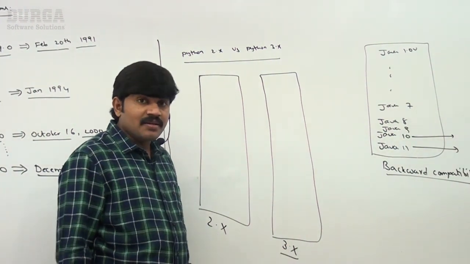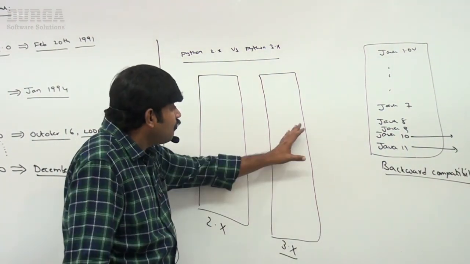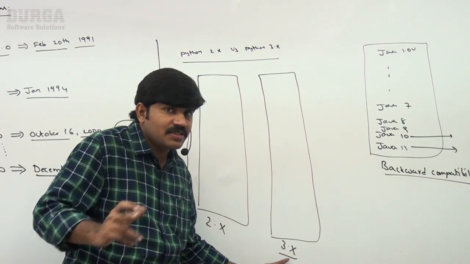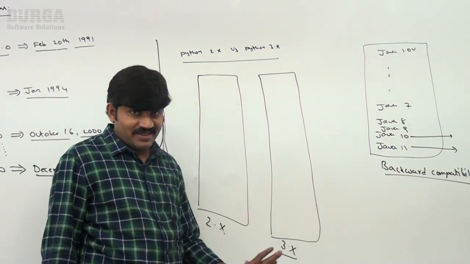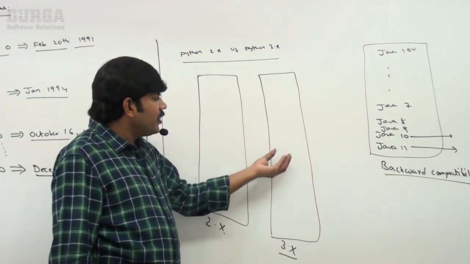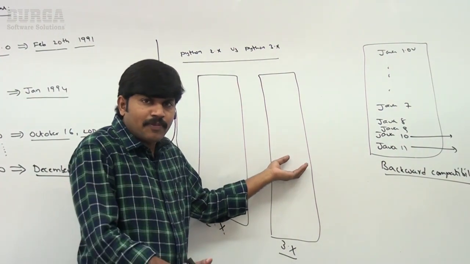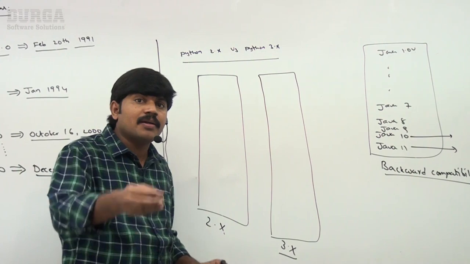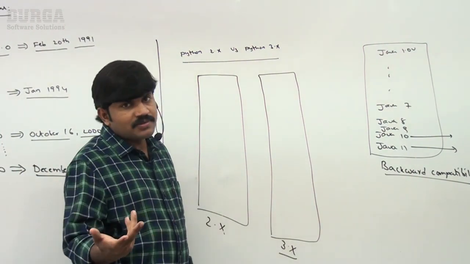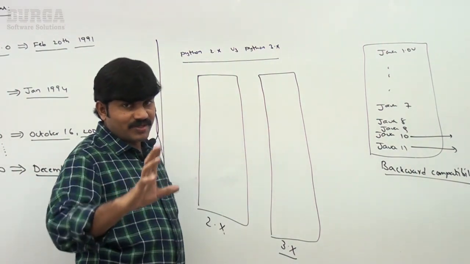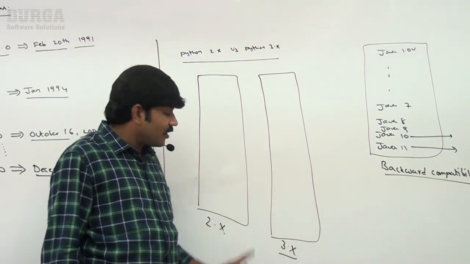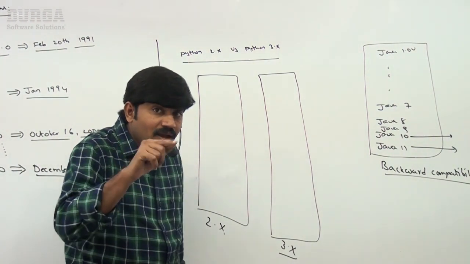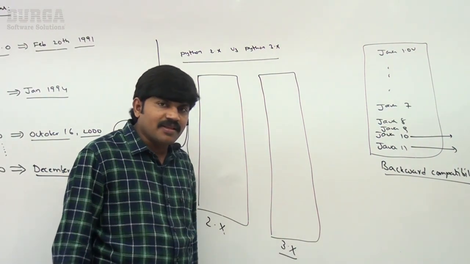This language is not an extension to the Python 2.x version. Normally, if it is the next new release, it should provide support for old versions. But it is developed like a complete brand new programming language. That's why the Python 3.x version won't provide support for Python 2.x. Remember this one. In Python 2.x, sir, do you know the long data type is there, which is not there in Python 3.x?